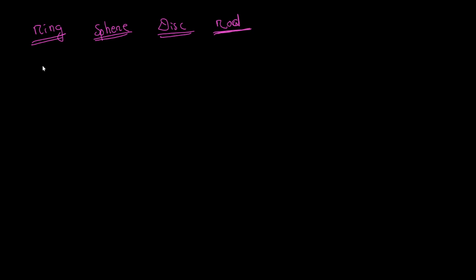See, a ring like this. Suppose this is a ring, and the center over here is the point through which the axis is passing, about which we are calculating the mass moment of inertia.